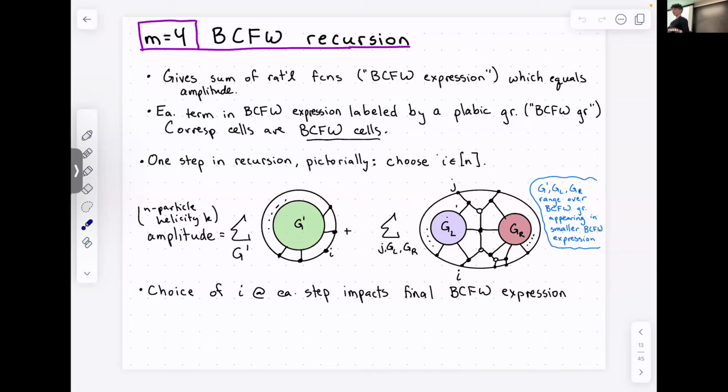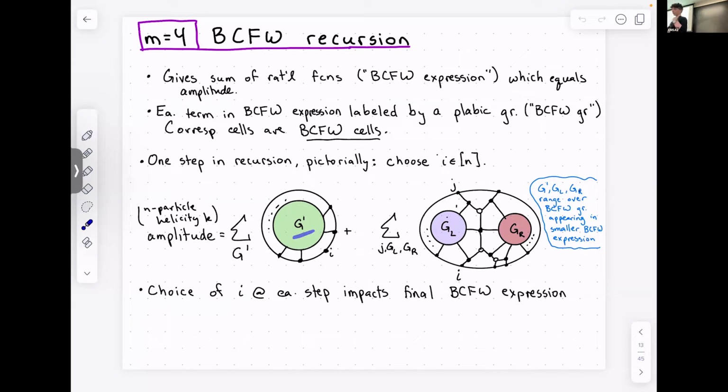Okay, so I jumped ahead maybe. First, what does the recursion look like? Pictorially, it looks like this. This is one step in the recursion. I'm going to pick some special index i, and then the BCFW recursion says my amplitude can be expressed in this manner, where over here I'm summing over all of the graphs that appear in a smaller BCFW expression, right?